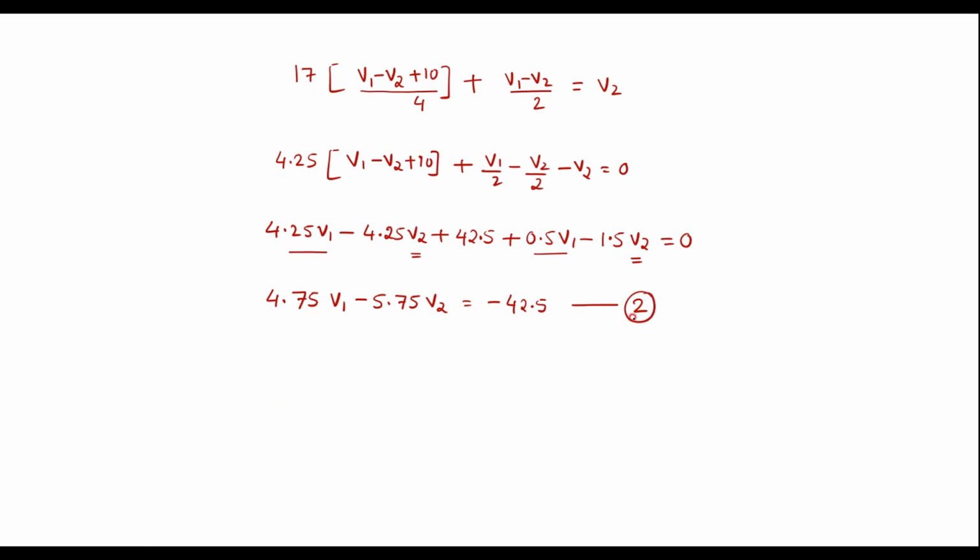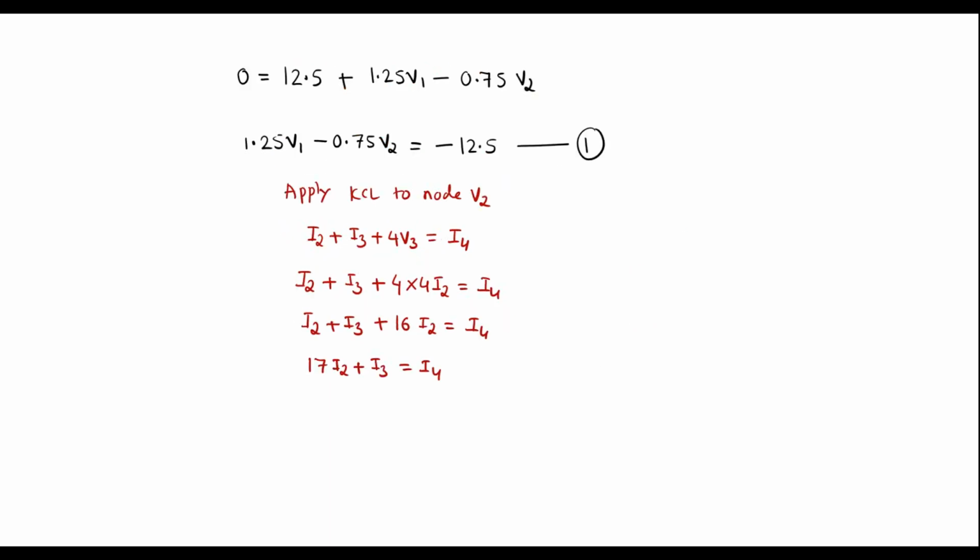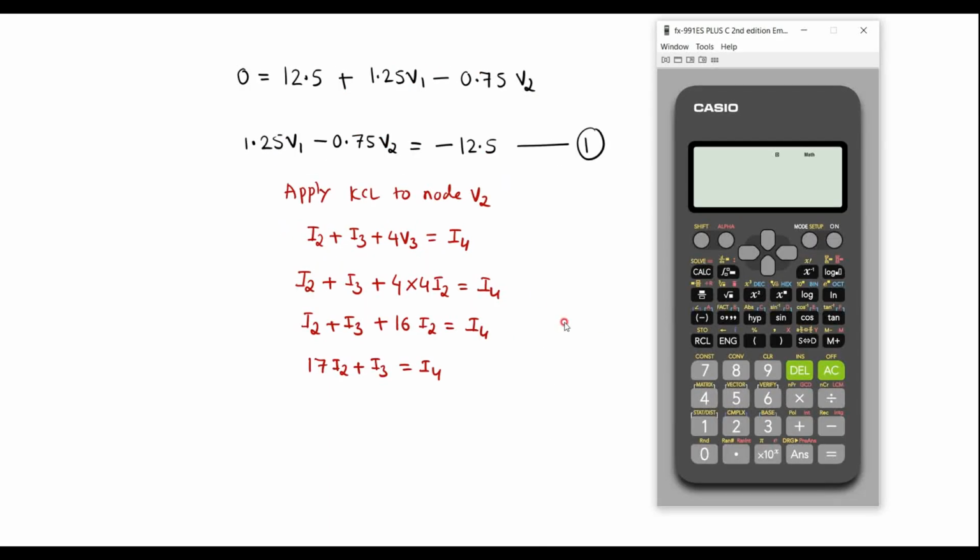Now we need to solve equation 1 and 2 to find the values of V1 and V2. So I will solve equation 1 and 2 directly using the calculator. Keep the calculator in equation mode, that is the fifth option.